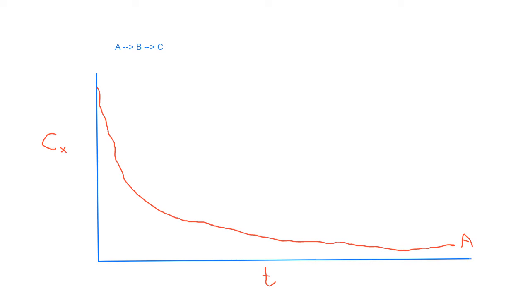But now as the concentration of B increases, it starts converting to C because the rate of conversion of B to C starts increasing. So there's a maximum of the concentration of B, and eventually, given enough time, all the B will be converted to C. So that is B.